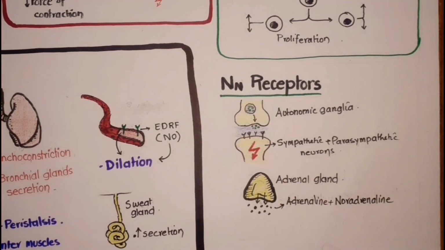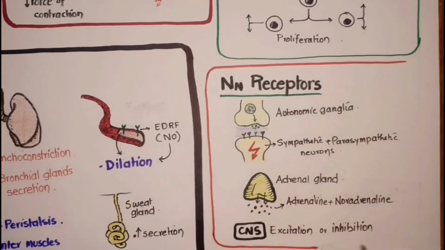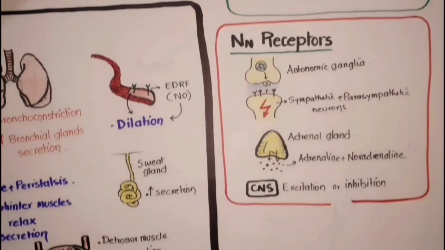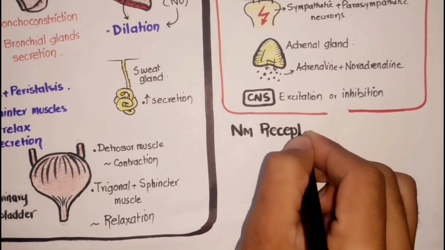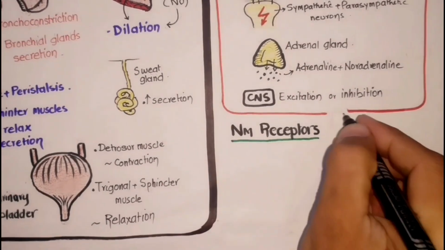Furthermore, NN receptors are present in the spinal cord and in certain areas of the brain, where they may be concerned with excitation or inhibition. Lastly, we have the neuromuscular nicotinic or NM receptors to discuss here.